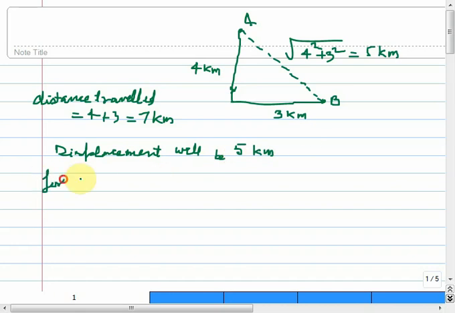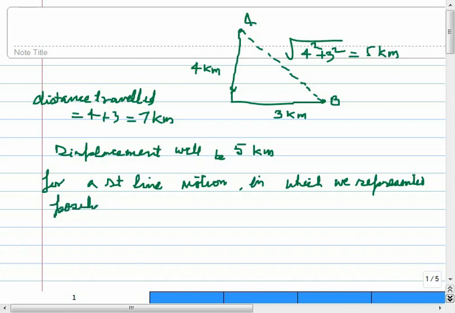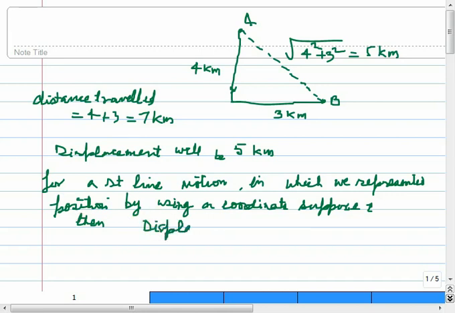For a straight line motion, in which we represent a position using a coordinate, suppose x, then displacement is equal to x final minus x initial.